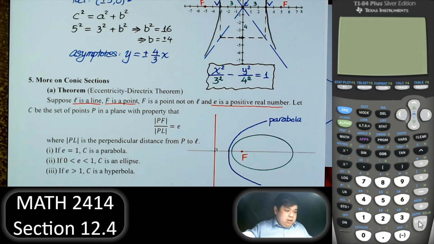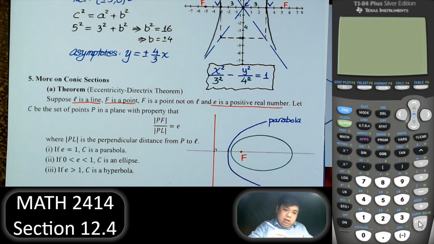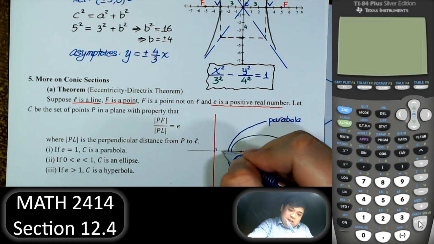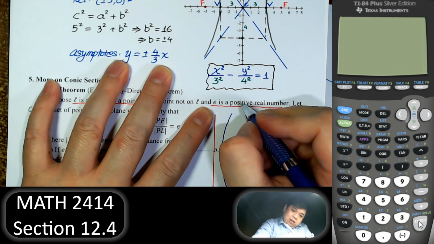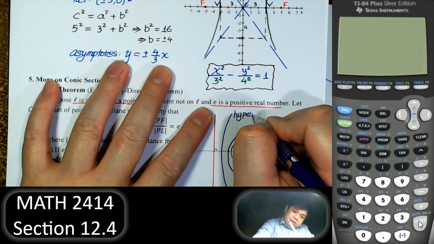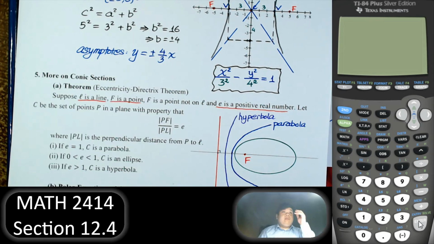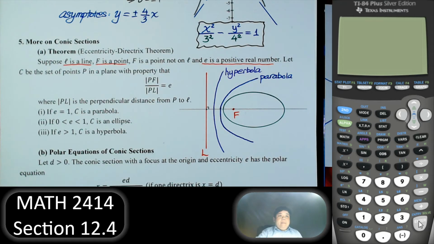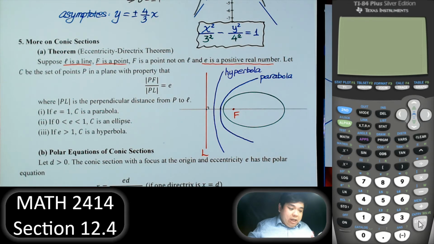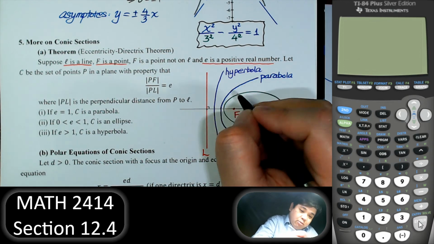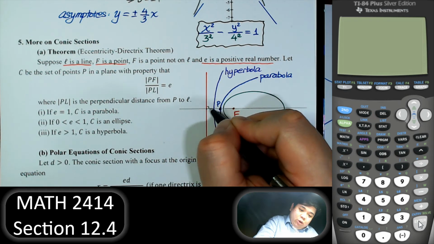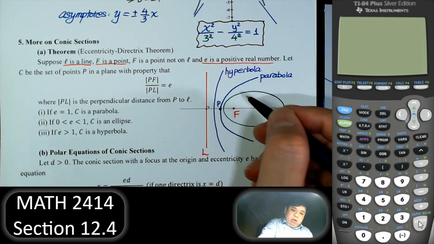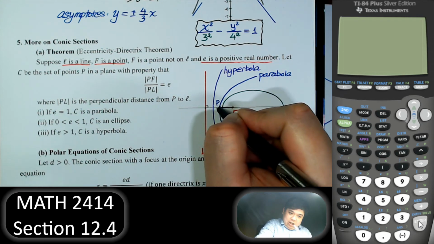Or we might have something even bigger than that. Here is the parabola. So if we take the ratio for the point P, in the special case of the parabola, we have P to F and P to L. If the ratio is 1, that is the parabola.